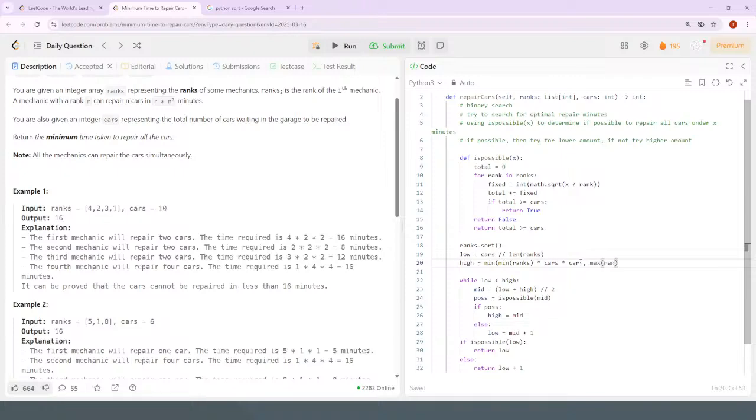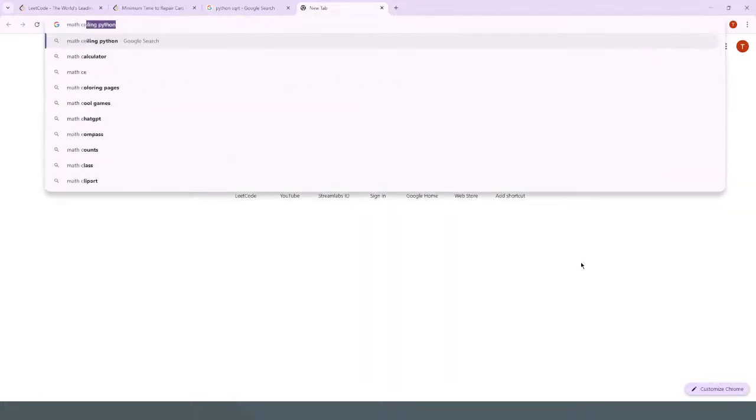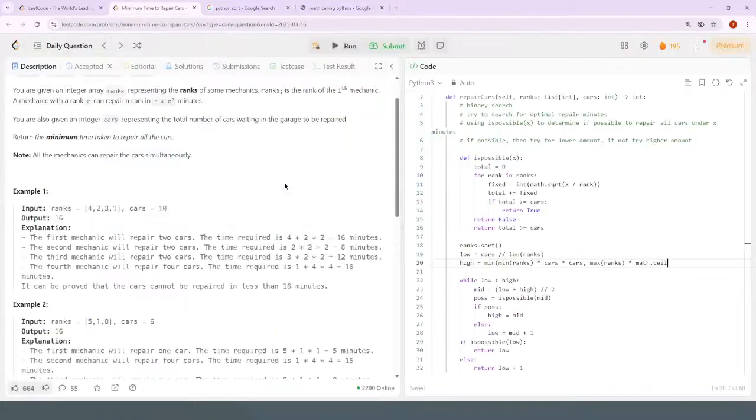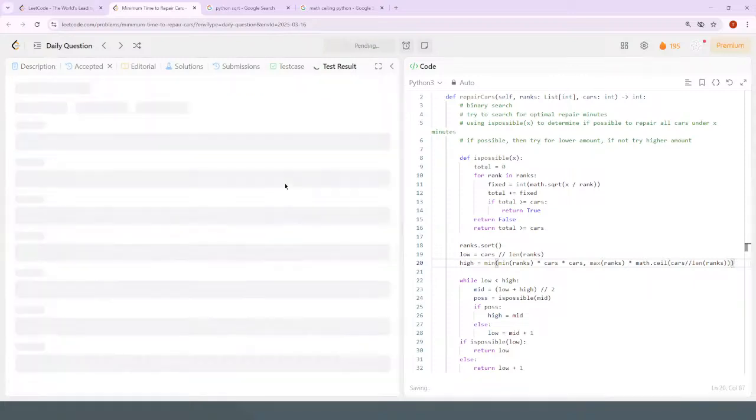So max of all the ranks times, not cars, the average. I guess you need to do the upper math.ceiling. I think it's math.ceil. Okay, so it's the round up of cars by length of ranks. I don't know if this is all that. It seems like a pretty complicated calculation. I'm not sure if it's all much faster.